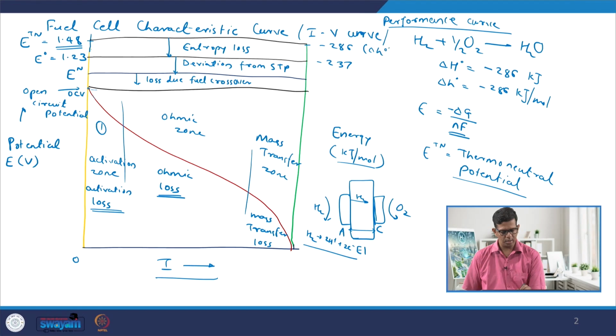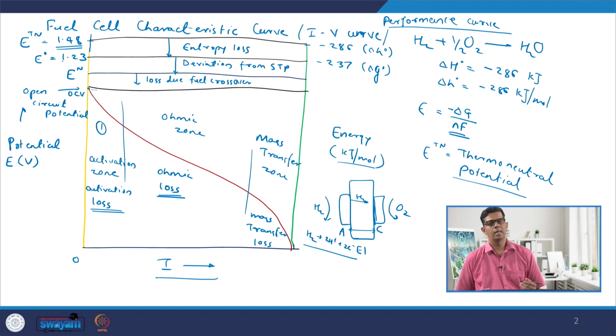This is delta H naught and this is delta G naught. This is the Gibbs free energy, which, if we convert into the corresponding potential, we get close to 1.23 volts. This E naught, as we have already discussed many times, is nothing but the reversible cell potential at standard temperature and pressure conditions. So this is denoted by E naught.